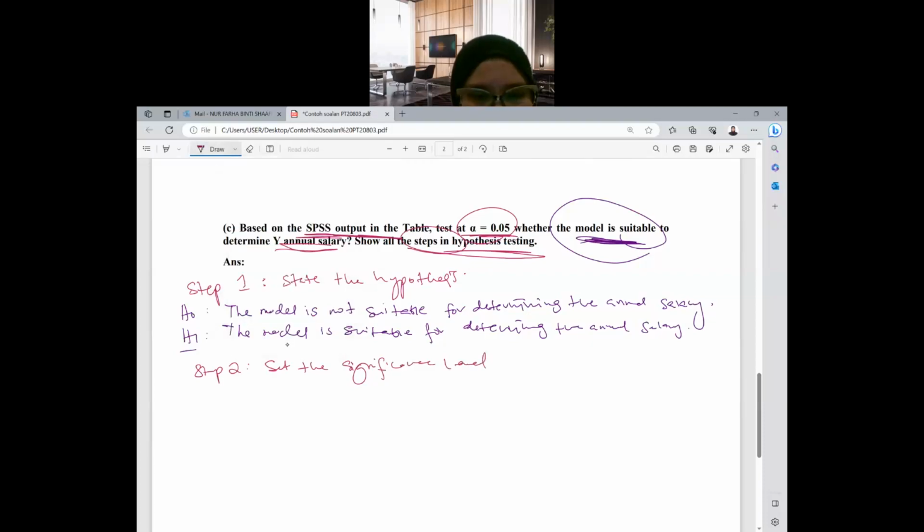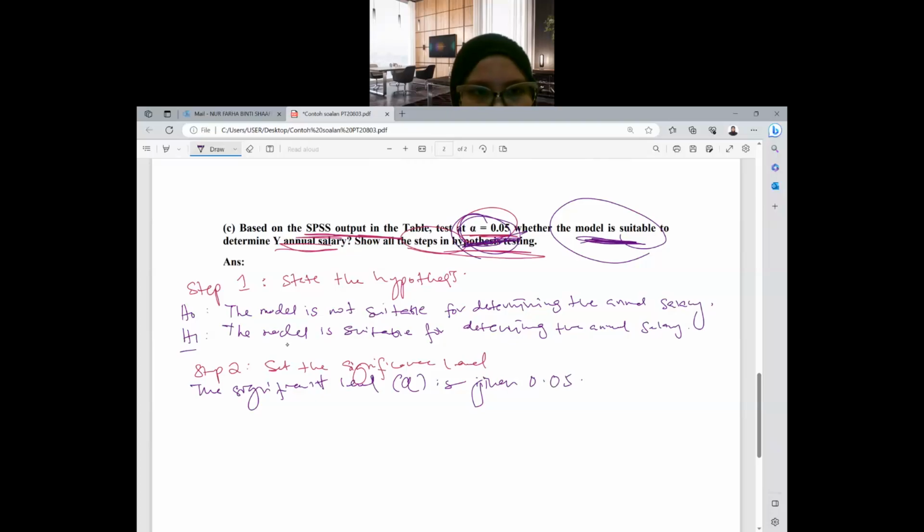Your significant level is here, which is alpha, and it is given as 0.05, based on the question.